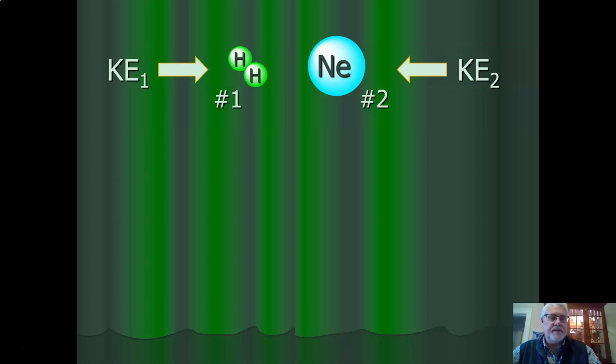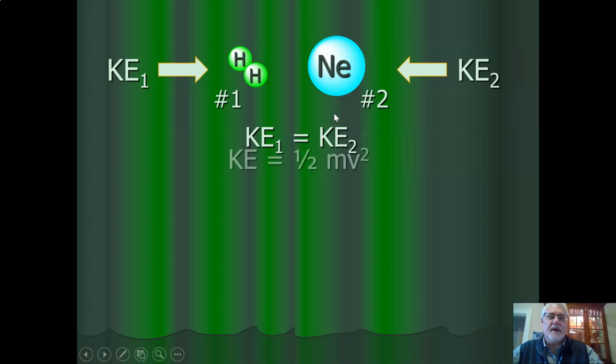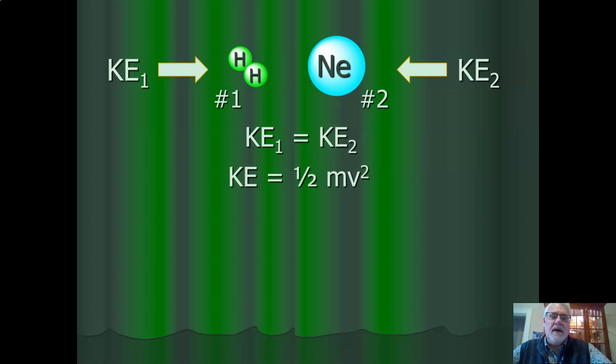That's called temperature. So, therefore, you can set those two equal to each other because their kinetic energies are the same. The reason, again, hydrogen's moving faster, has the same energy as the larger neon molecule.